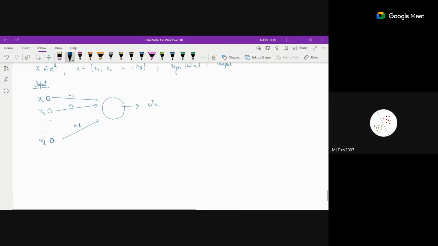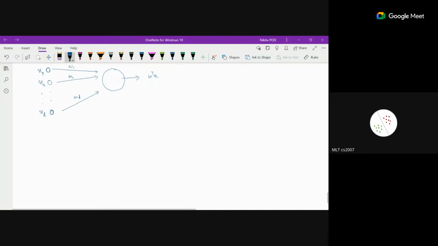Here in the perceptron we are learning just one W, but in a neural network we are going to learn not just one W, we are going to learn many Ws, and see how the neural network will work.